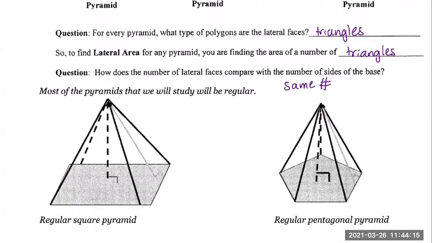Below here, you just see two nice pictures of regular pyramids. That's a regular square pyramid and a pentagonal one. So you might ask, what does an oblique pyramid look like?